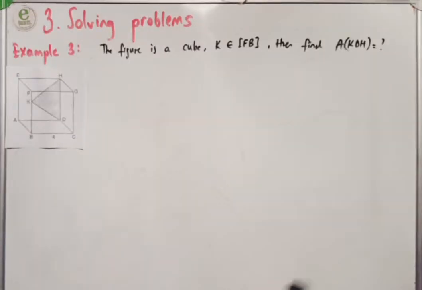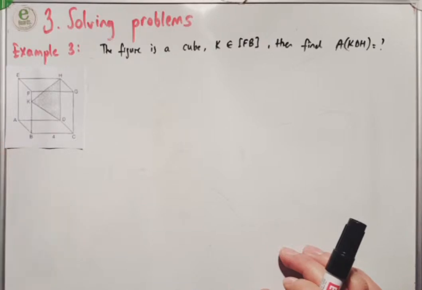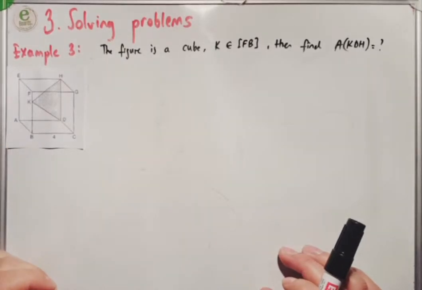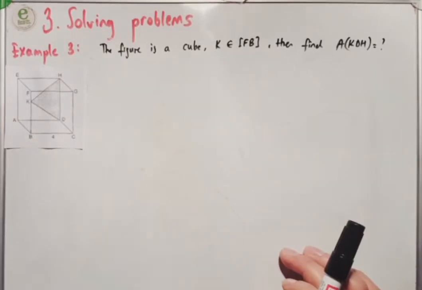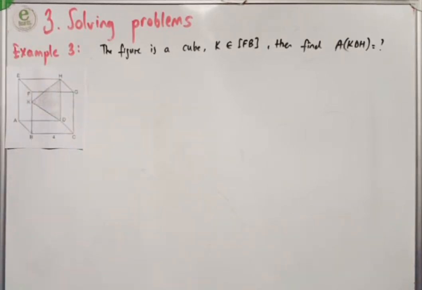Third question: the figure is a cube and K is an element of FB, meaning that point K is on side BF. We will find the area of triangle KDH.